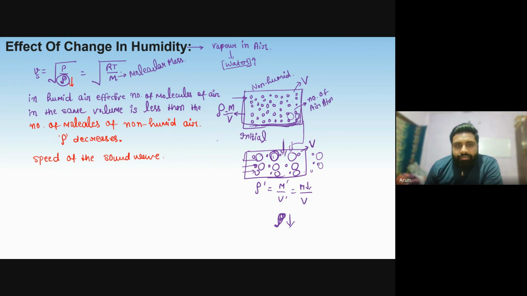Speed of sound wave increases with the increase of humidity.